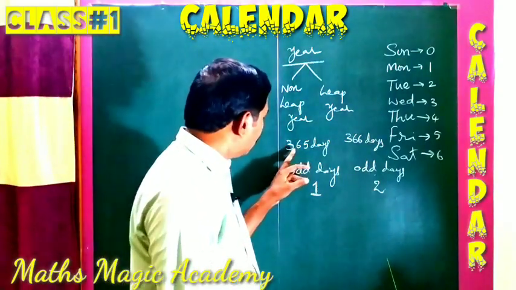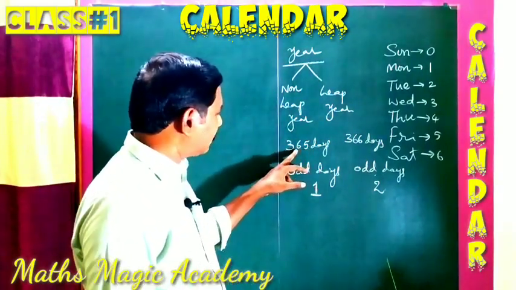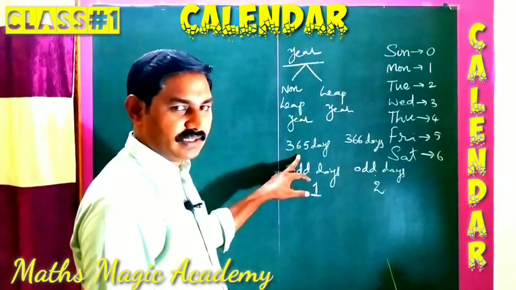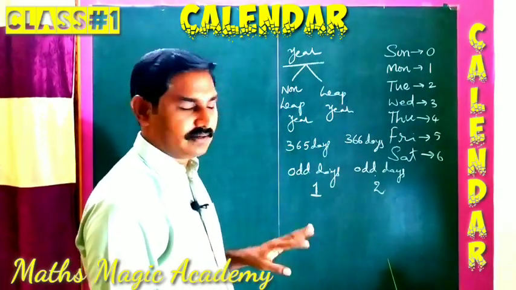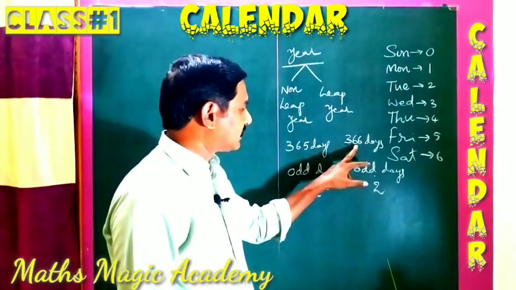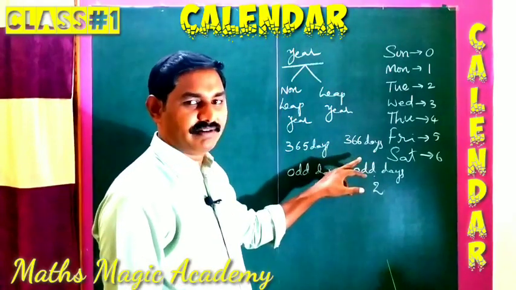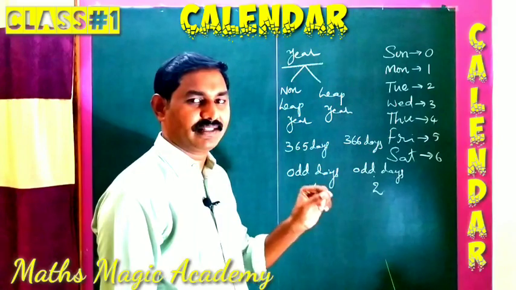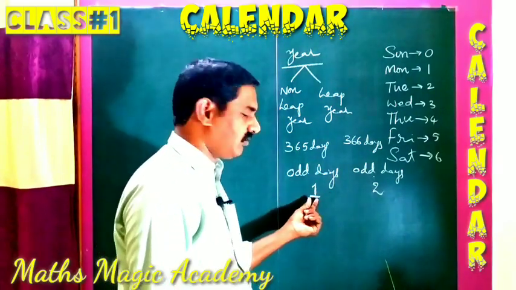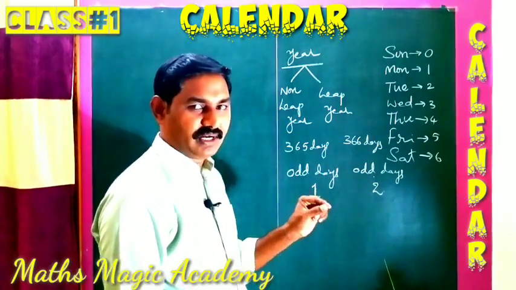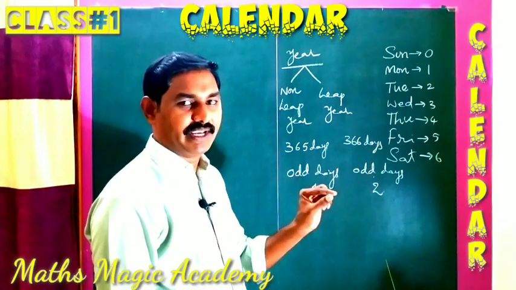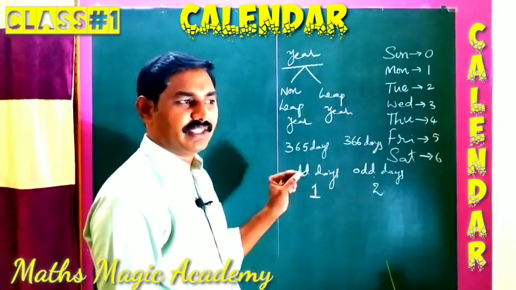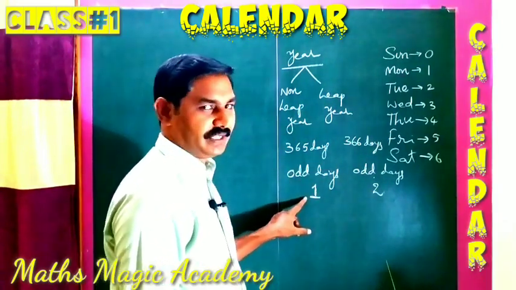If you divide 365 by 7, you get 1 as the remainder, as well as 366 by 7, you get 2 as the remainder. Whatever the remainder, you have to assume as odd day.